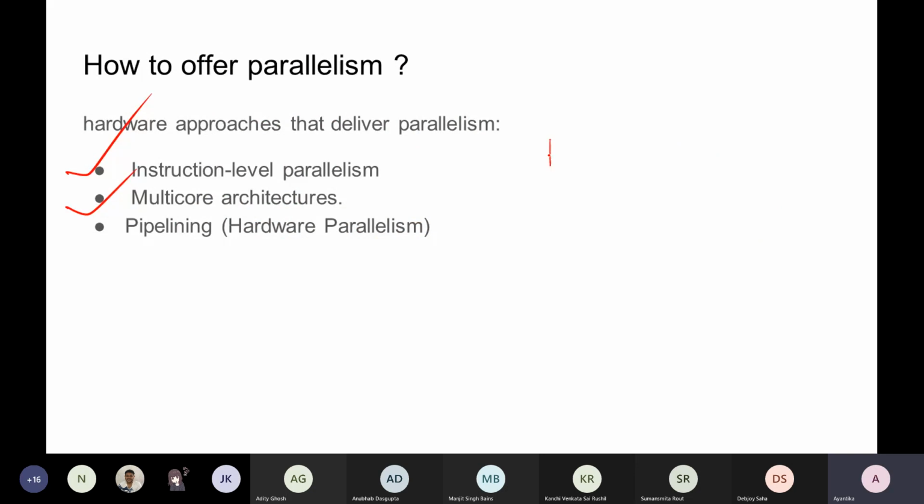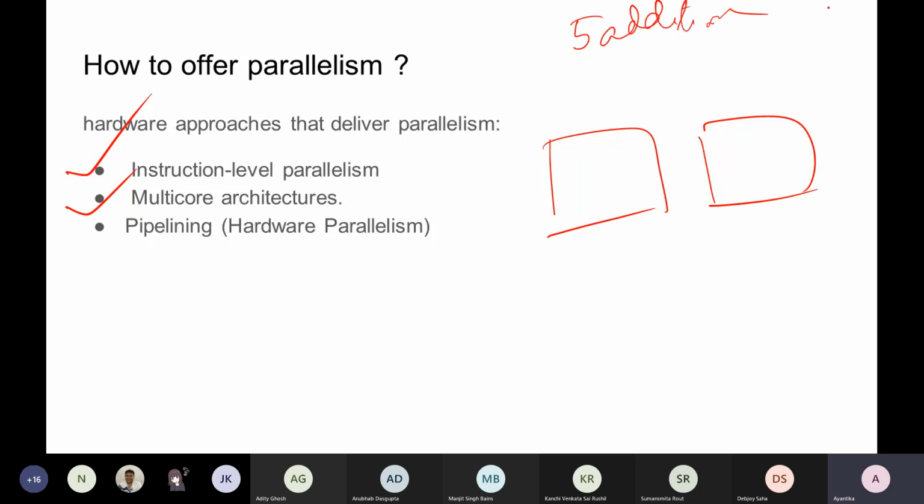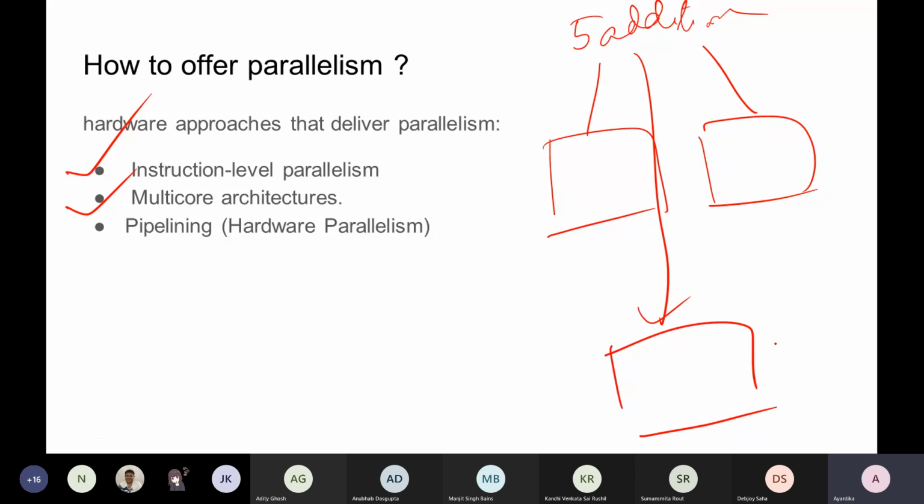If I have multiple cores, let's say I have 5 additions to perform and I have maybe 8 cores, then I will just send them to these multiple cores, and in one shot I will get the output of these 5 additions, provided they are independent. It is very important.